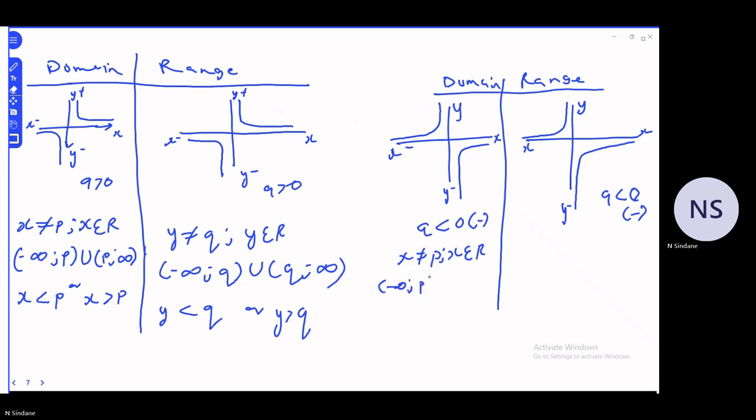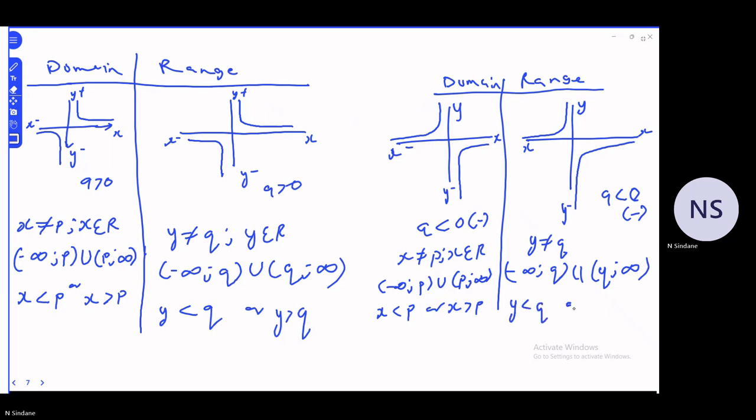From negative infinity up to p, union p up to positive infinity, right? Then x is less than p, or x is greater than p. Then here, y cannot be q, then from negative infinity up to q, union, then q up to infinity.